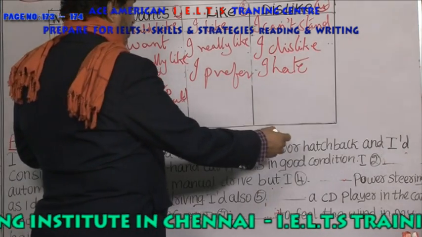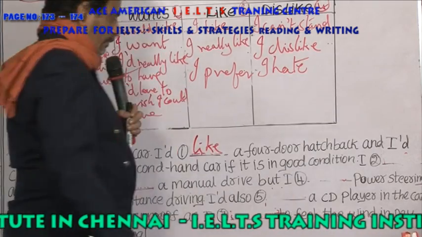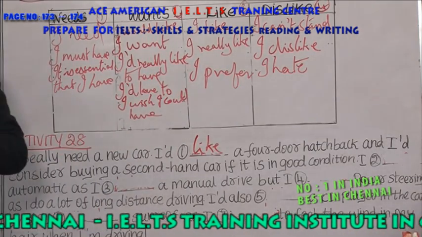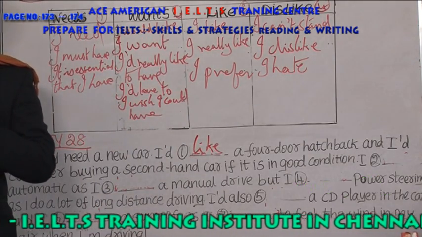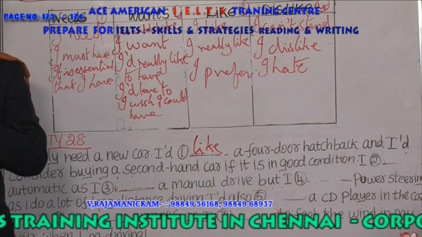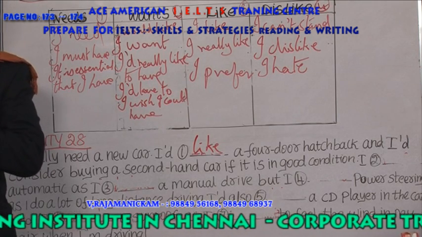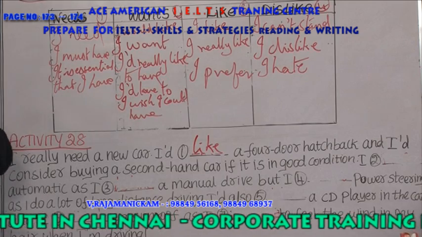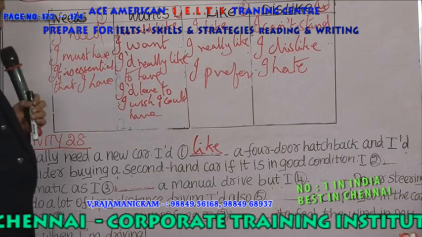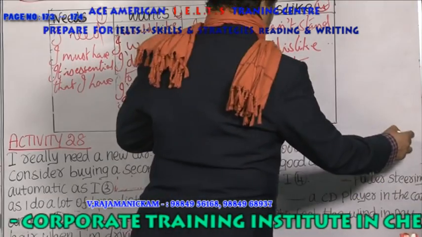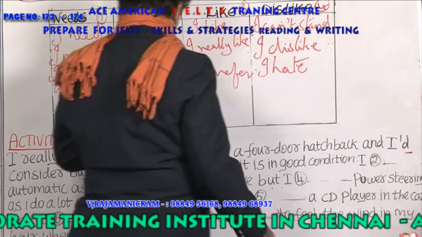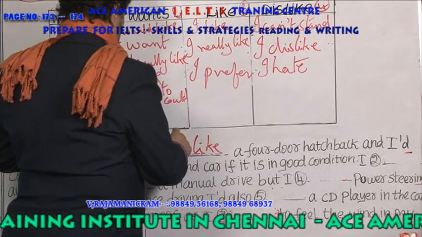I'd like a 4-door hatchback. What do you mean by a 4-door hatchback? It is a 4-seater car, isn't it? Hatchback. I'm sure everybody has a car over here, so you must be knowing about it. And I'd, definitely it should be would. Both should be would. Why?